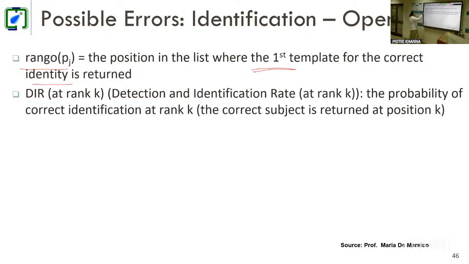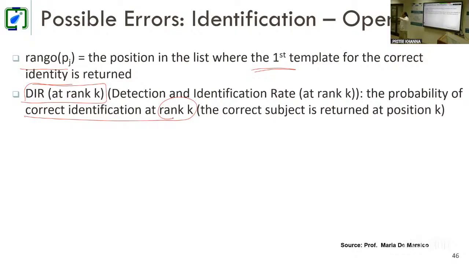Then we have DIR at rank A. DIR, the detection and identification rate at rank A, is the probability of correct identification, not at rank 1, but at rank A. Let us say 10 people are positive, meaning 10 people have a similarity score above threshold. But where are we getting the desired one?